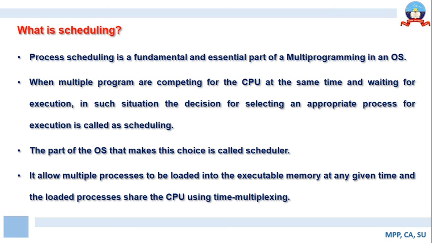So in today's class, we started with the distinction between a program and a process. Then we moved on to a description of the process control block, where we discussed various elements of the process control block. We discussed the constituent elements in detail, and then eventually we moved on to a brief about scheduling, where we learned that when there exist multiple processes in a computer system, there has to be an efficient mechanism for coordinating execution of these processes.